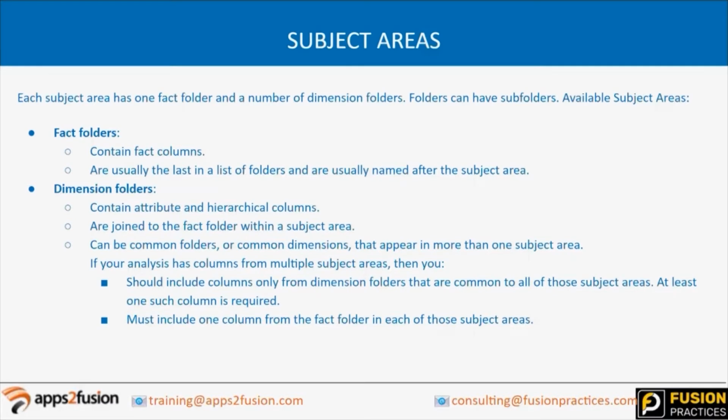The dimension folder contains the IDs, and using the IDs we join these subject areas. So dimension folders are the common folders you can find among the subject areas, because these dimension columns are placed there to join them.